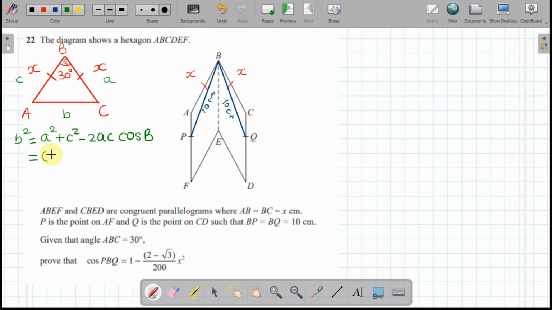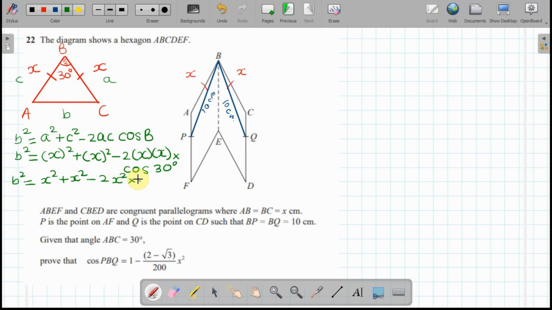I'm going to start substituting. So x squared plus x squared minus 2 times x times x, I'm going to write the times sign, times cos 30. So b squared will be x squared plus x squared minus 2x squared.